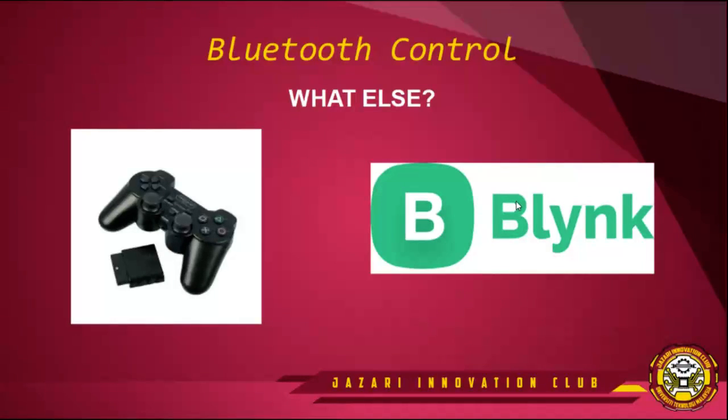You can control your robot from far away as long as your place has Wi-Fi and your robot is in the Wi-Fi area, so you can control it super far wirelessly. But the coding is different. The coding on the controller part, the apps part, and also the Arduino part is different from what I'm teaching you guys now.